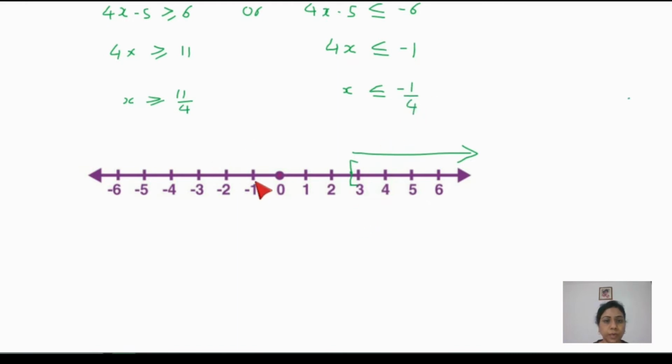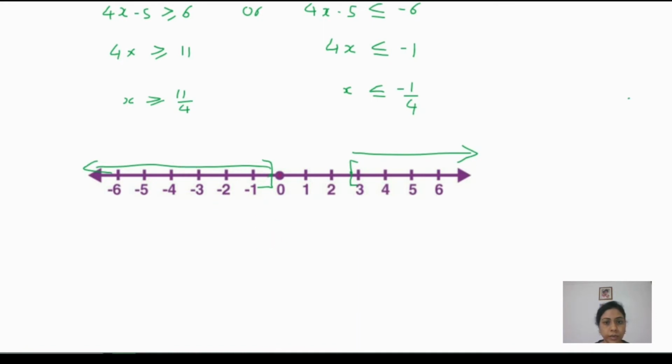Minus 1 upon 4 is minus 0.25, very near to 0. This is also included, and all values less than this number. This is the type of inequality, and now we can represent it in interval notation.